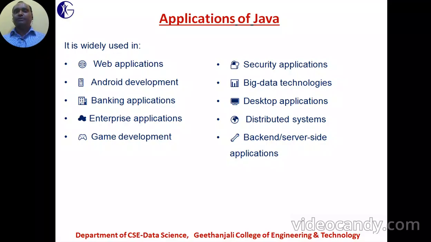So that big application will be divided into many small applications, and each application will be given to one computer, and all these computers are connected in a network. One of the computers is made the master computer, and the master computer takes care of how these small programs related to one big application are running on different computers.